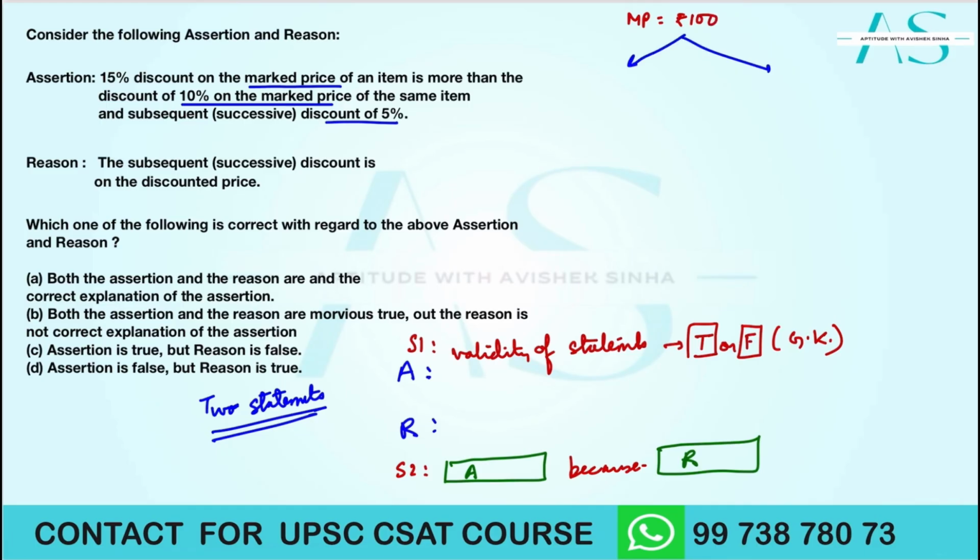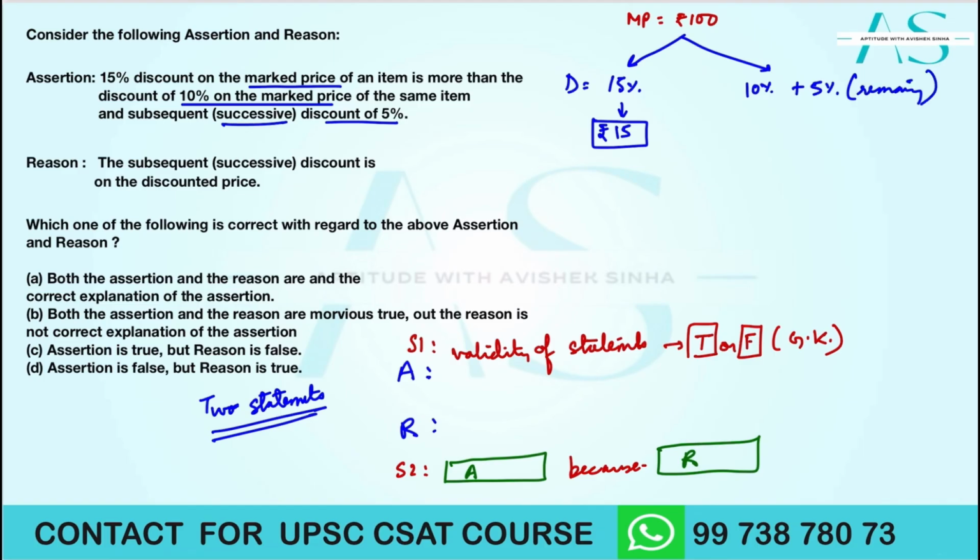They are giving you two options. Either you take a 15% direct off. 15% इसका हो जाएगा ₹15. So they are giving you ₹15 off discount. Or you can take a 10% off plus 5% off. This is successive, therefore it is on the remaining amount.